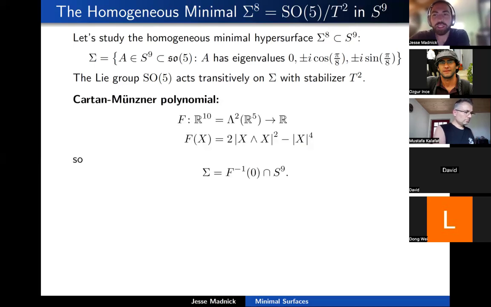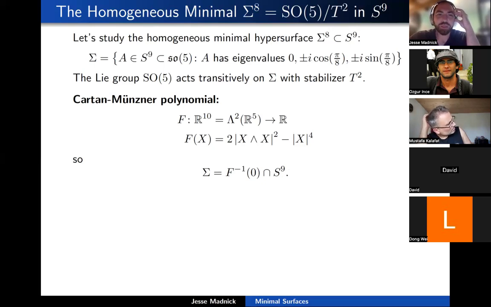Just for interest, it turns out that the Cartan-Münzner polynomial has this very nice geometric description. In general, the Cartan-Münzner polynomials often have very clean, elegant geometric descriptions. But of course, if you were to write this out in coordinates, you'd get a mess. It's horrifying.